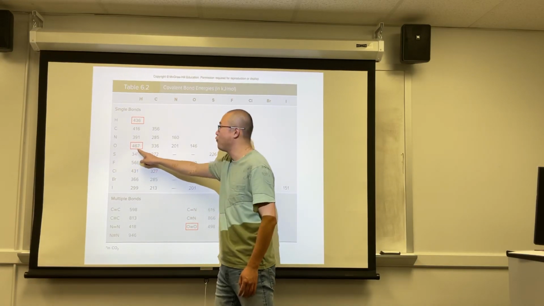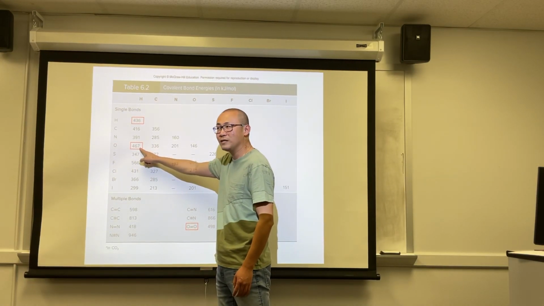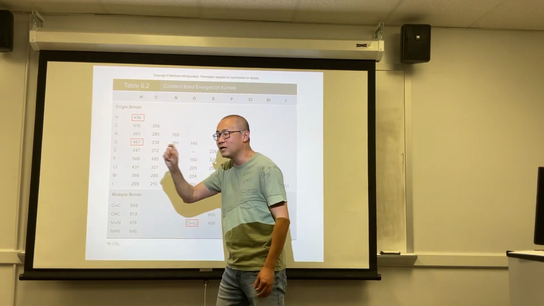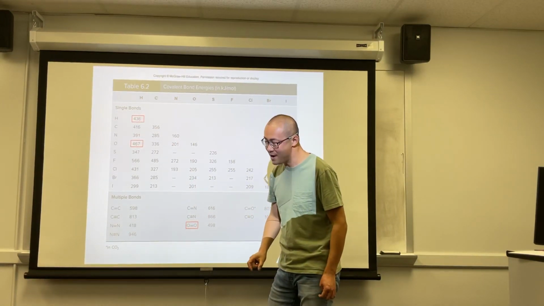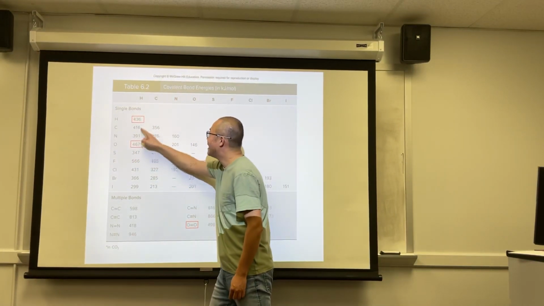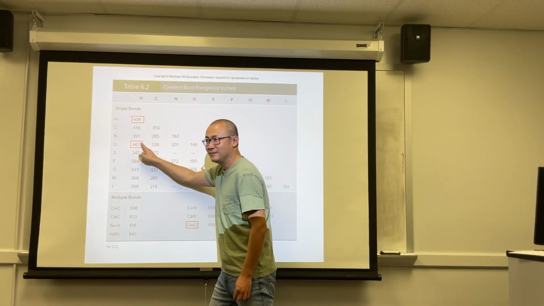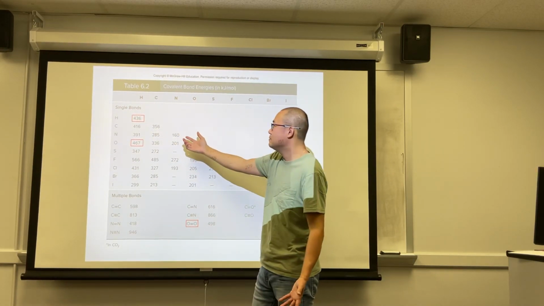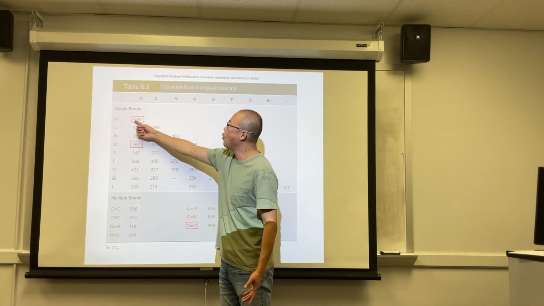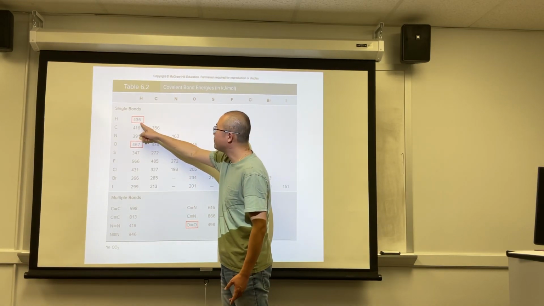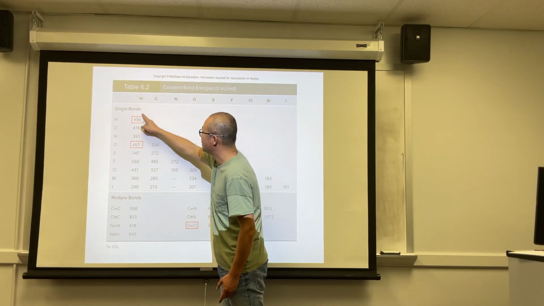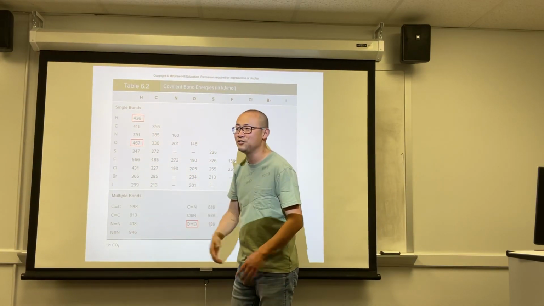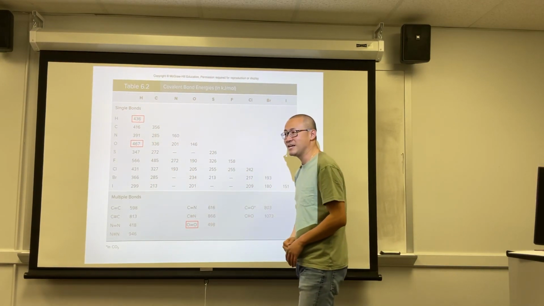That value, 467, is the amount of energy required to break an OH bond. Does it make sense? The same with this one, 436, is the amount of energy required to break a hydrogen-hydrogen bond.